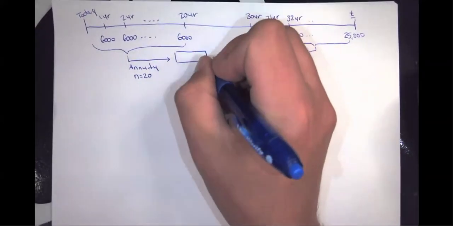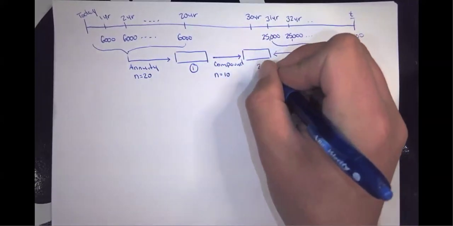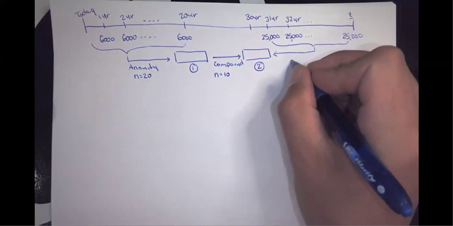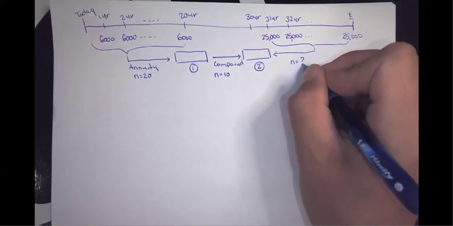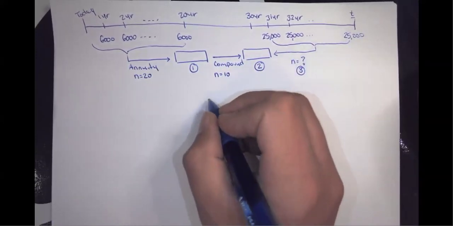So we need to first figure out this amount, then this amount, and then here, we're going to figure out our N in our third calculation.